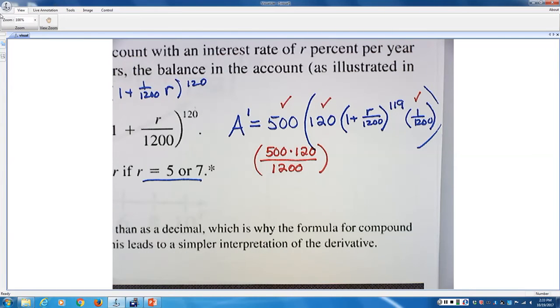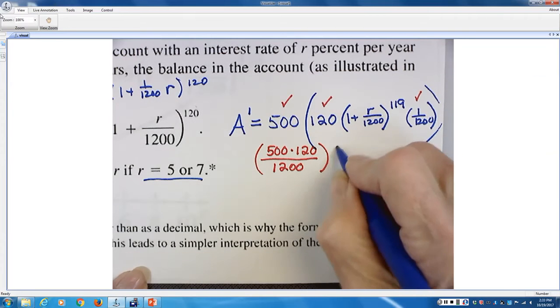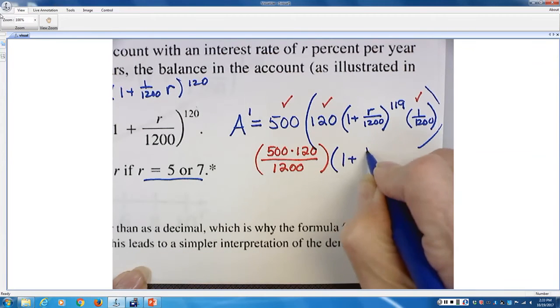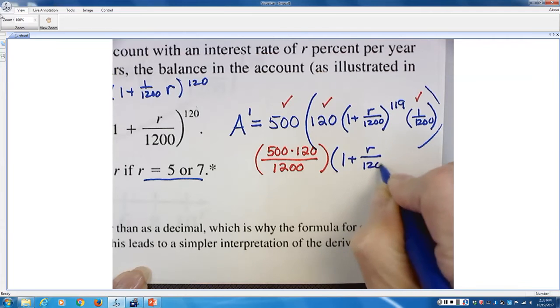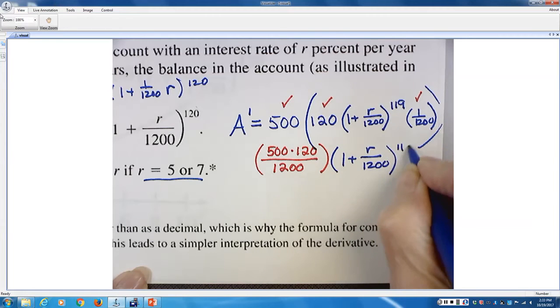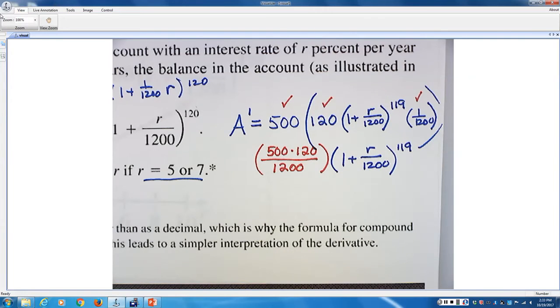And then we're going to keep what's in the parentheses and leave it alone. So let's see what that number in the front is now.